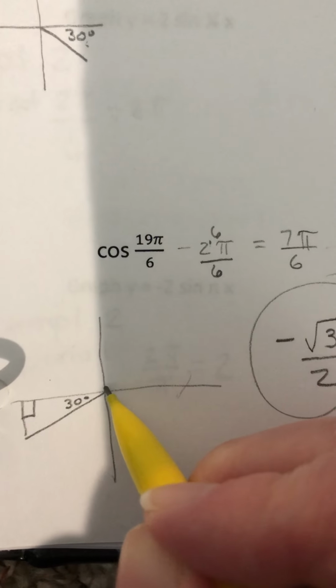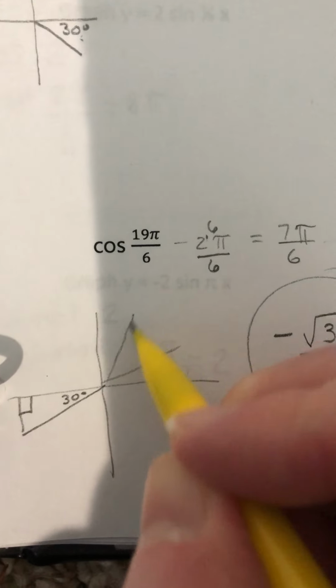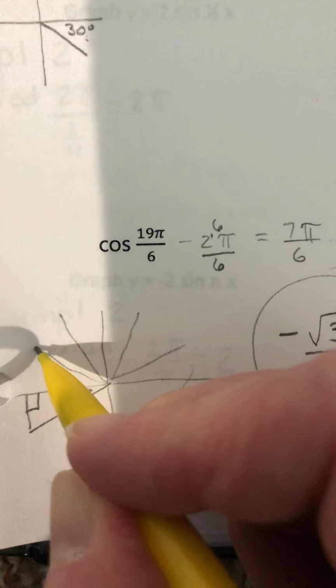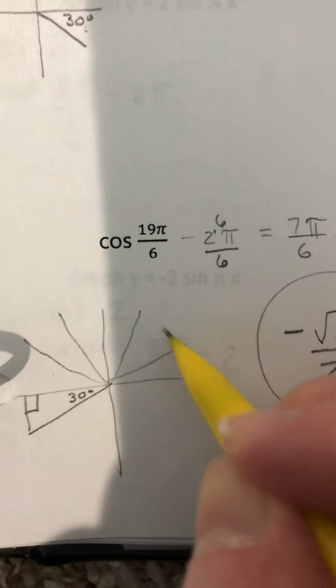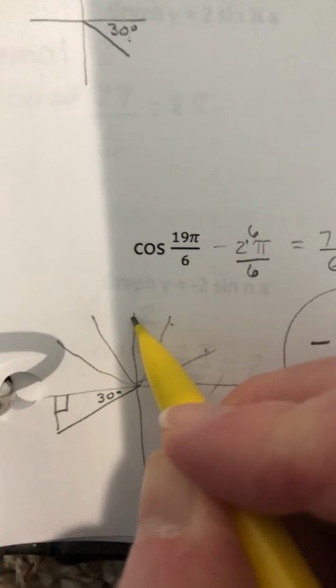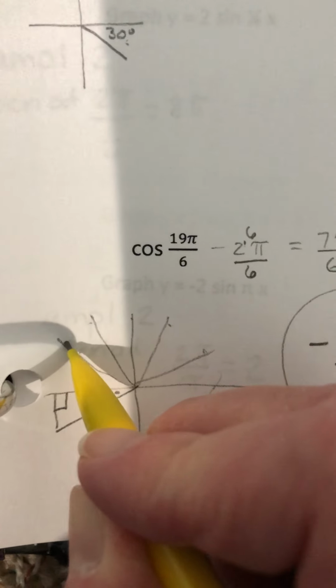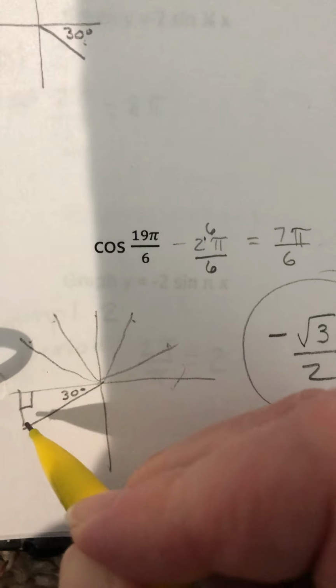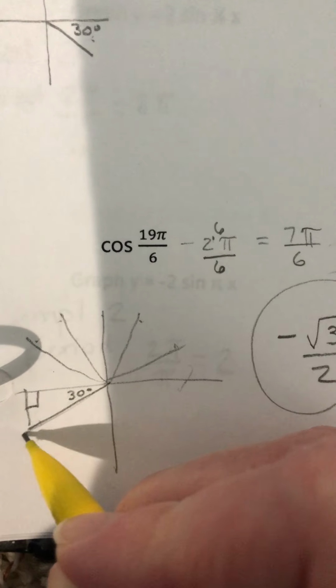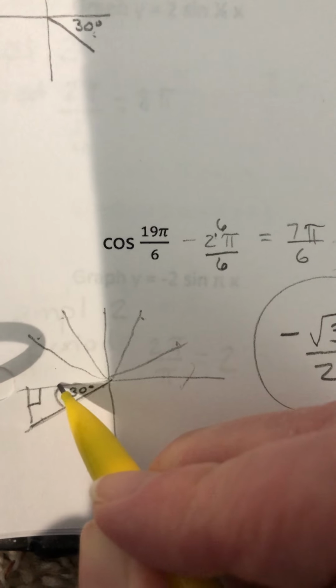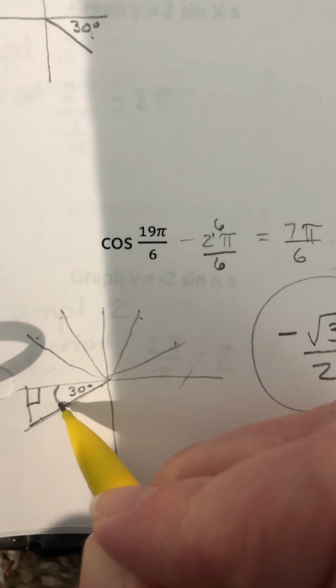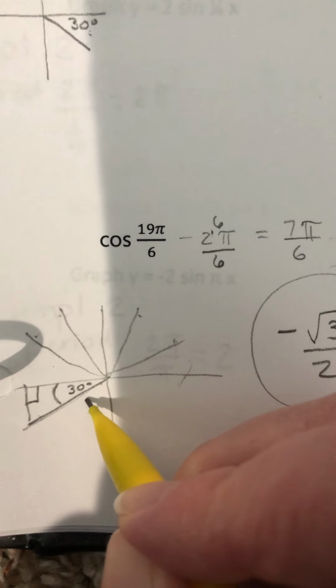So remember, here's where you break it up into 6 parts. It's 1 pi over 6, 2 pi over 6, 3 pi over 6, 4 pi over 6, 5 pi over 6, 6 pi over 6, 7 pi over 6 lands you here. That gives you a leftover angle of pi over 6, which is also 30 degrees.